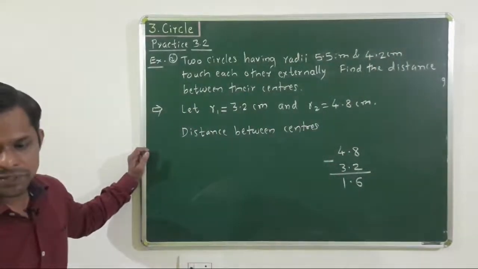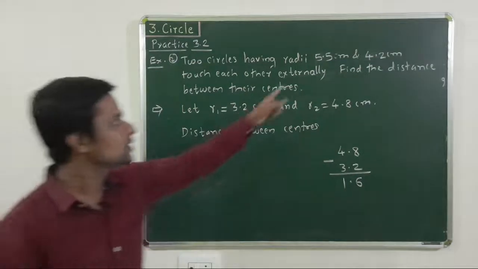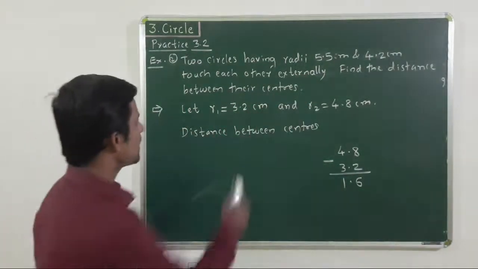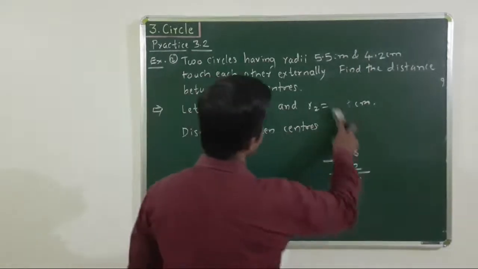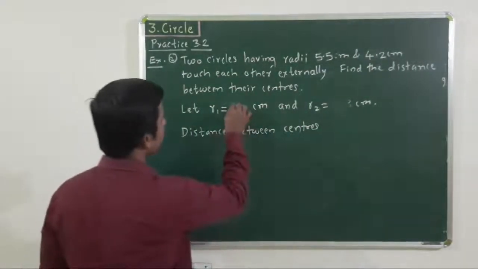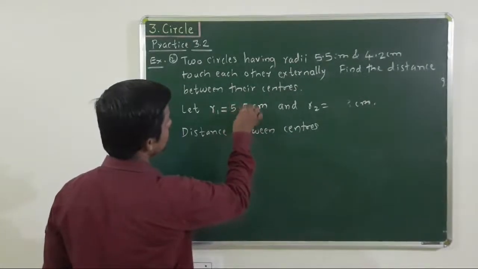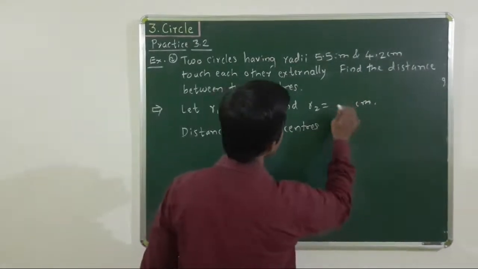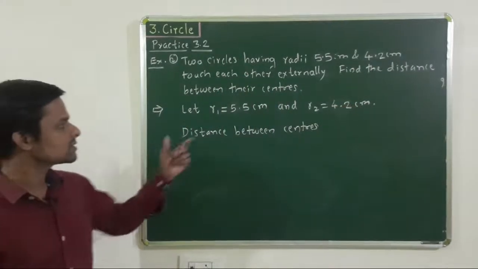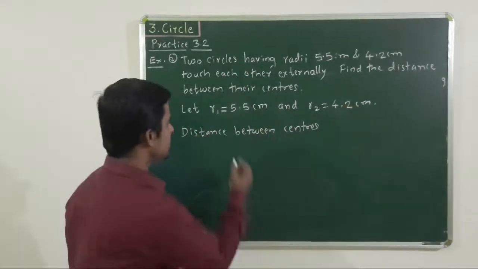Find the distance between their centers. This word is important. Now here these are externally touching circles. R1 is different, R2 is different. R1 is 5.5 centimeter, R2 is 4.2 centimeter.